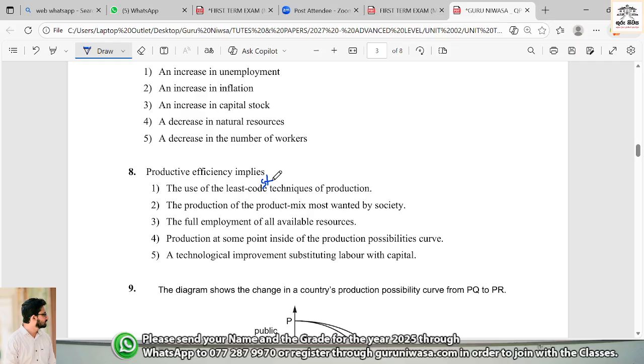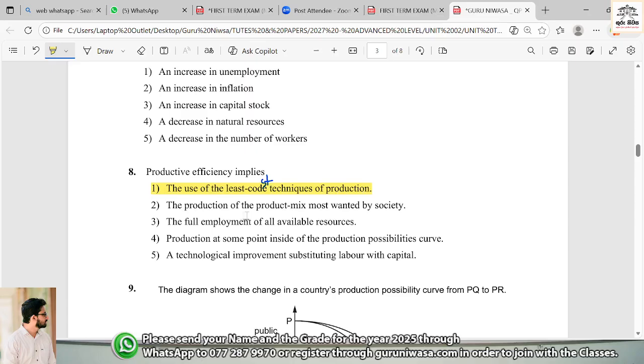Producing goods and services at minimum cost is called productive efficiency. We can define productive efficiency that way also, right? So here the most appropriate answer is number one. Other answers are not as appropriate.